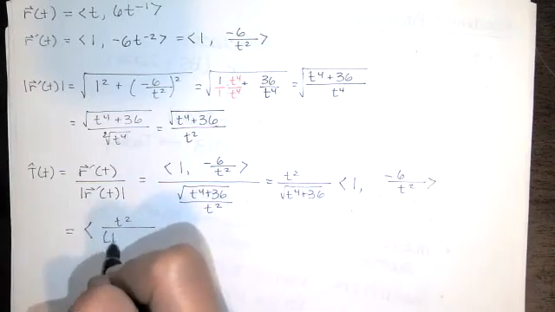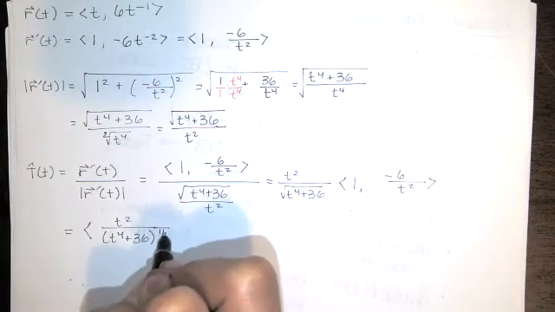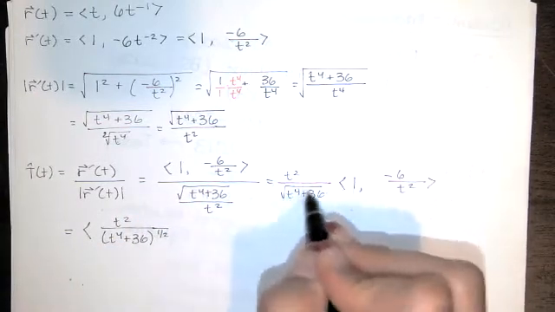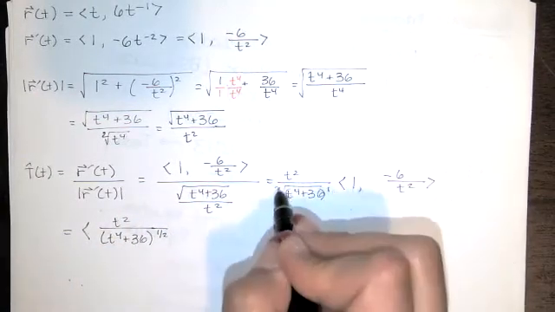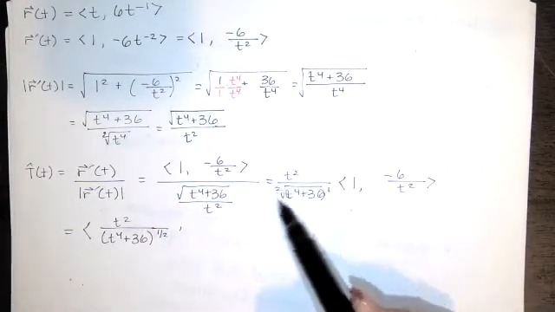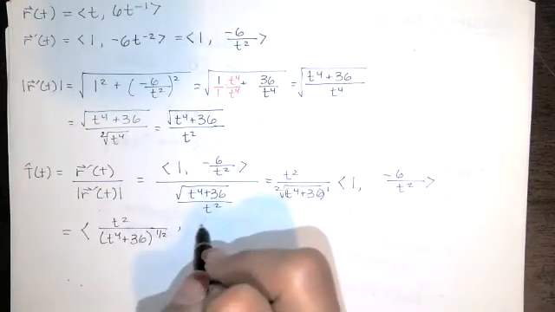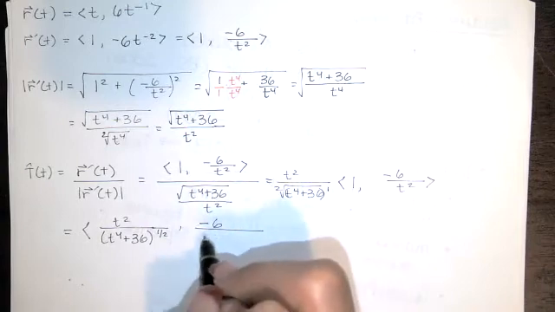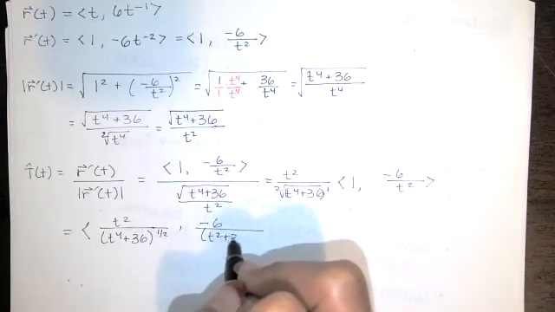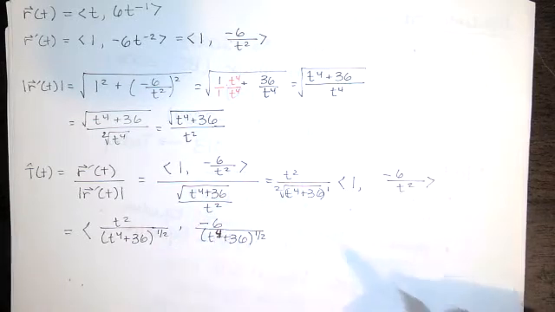So I recommend writing that square root in the denominator as this function to the 1/2 power. There's a 1 there and an implied 2 there. Now, if I take this and I multiply it by this, the t squareds will reduce and we'll end up with a -6 over t squared plus 36 to the 1/2 power. Oops, that's t to the fourth plus 36 to the 1/2 power.